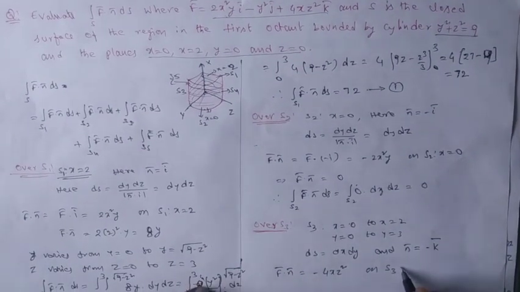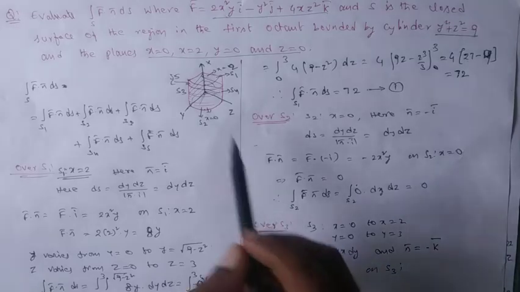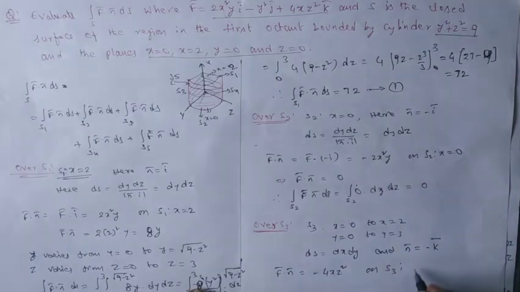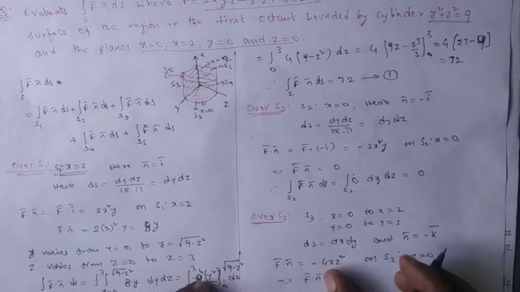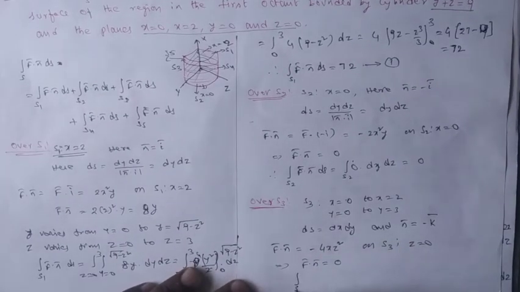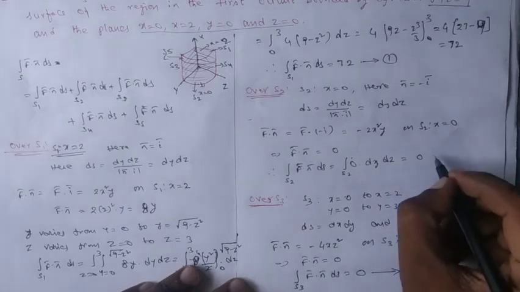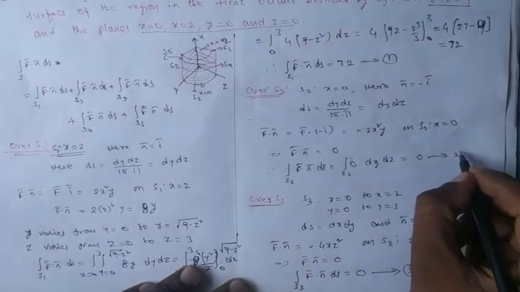Once you observe that on S3, this is the xy plane, so on this plane z value is 0, so f bar dot n bar equals 0. So I just write directly integral over S3 f bar dot n bar ds equals 0. This is our third one, and it is our second value.